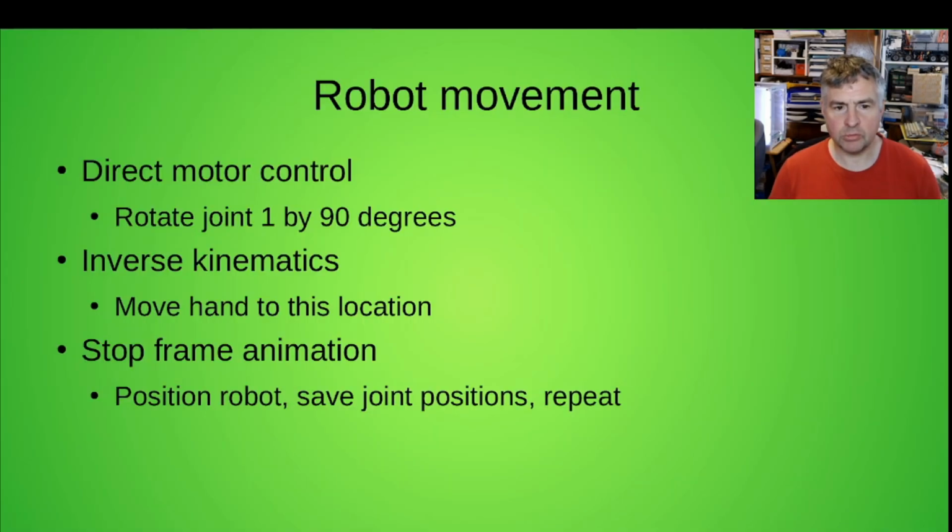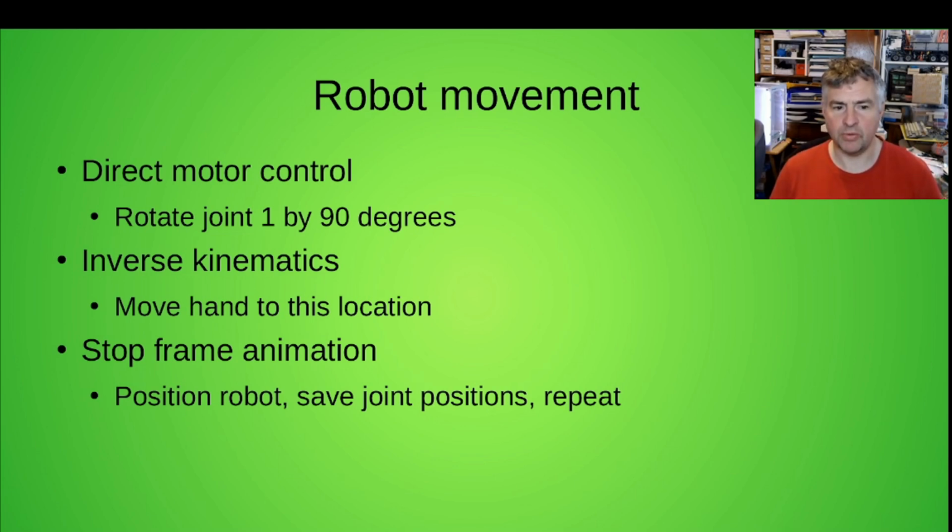Alright, so how do you make robots move? I would argue there's three basic techniques. One is direct motor control, so you know exactly what motors you want to move, how far you want to move them, how fast you want to move them, and you control each motor one at a time.